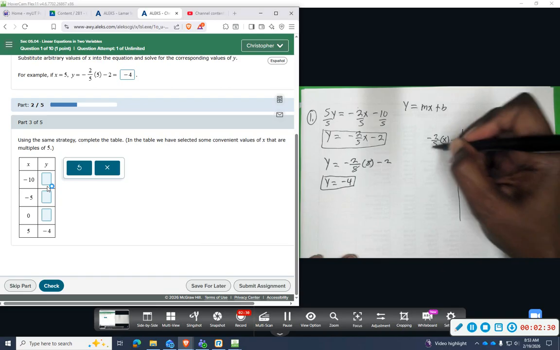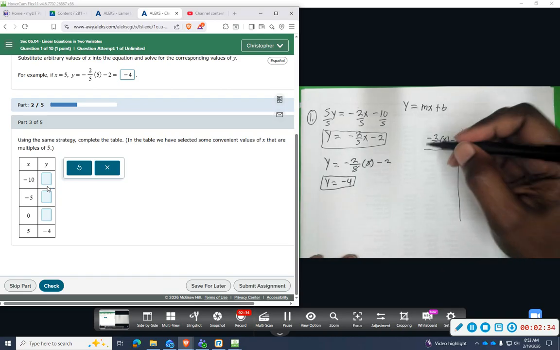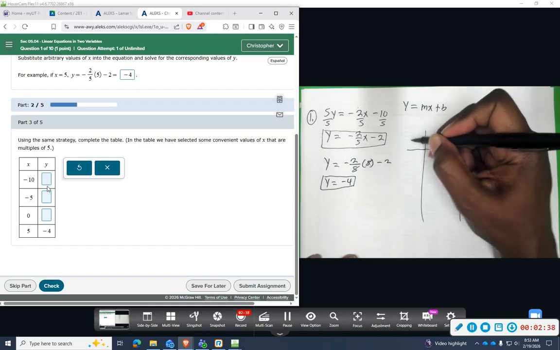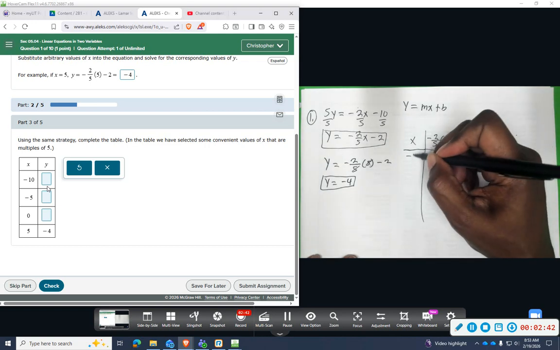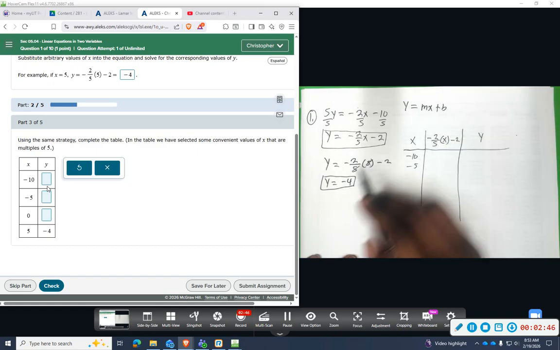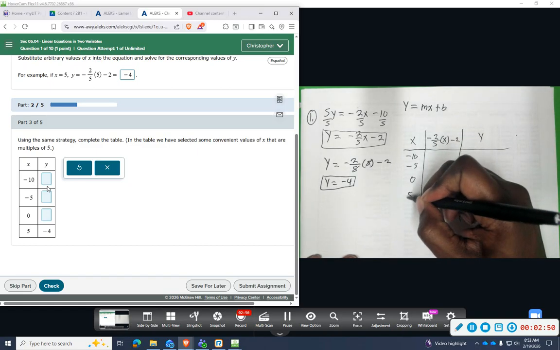We'll be doing that on this side, and then over here we'll get the y value. So this is for x is equal to, in the middle we're showing x is equal to negative 10, negative 5. You see they're picking multiples of 5, so we'll divide out nicely. 0 and 5, which we've already done.